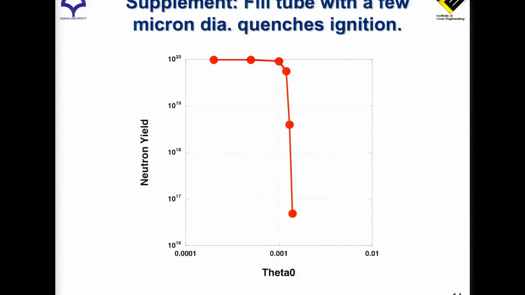As a supplement, I also made a field tube analysis with a few micron diameter. So theta 0 is 0.1%, so a couple of micron. It reduced neutron yield very much.